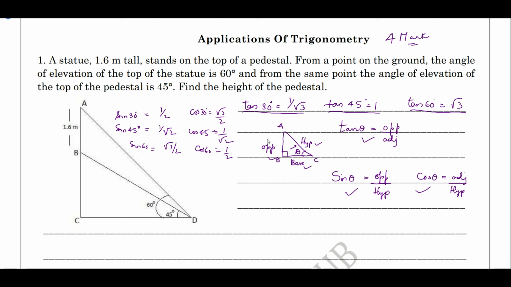If you know this much, definitely 1 mark is in your pocket. If you know these 3 ratios, tan, sin and cos, and the values, that is tan 30 is 1 by root 3, tan 45 is 1, tan 60 equals root 3, sin 30 is 1 by 2, sin 45 is 1 by root 2, sin 60 is root 3 by 2, cos 30 is root 3 by 2, cos 45 is 1 by root 2, cos 60 is 1 by 2, definitely you can score 1 to 2 marks easily.